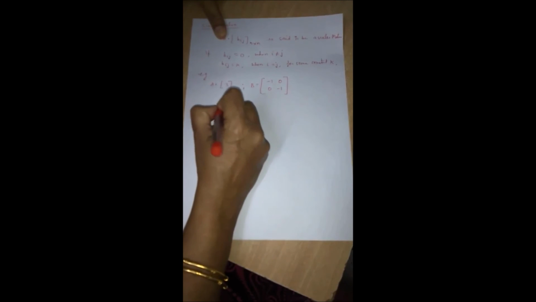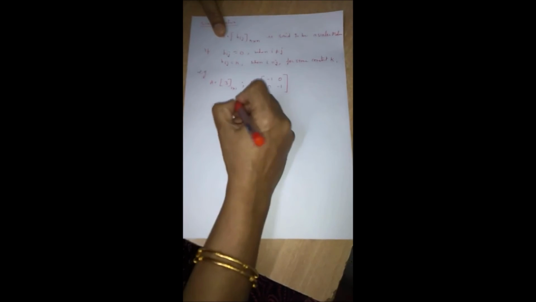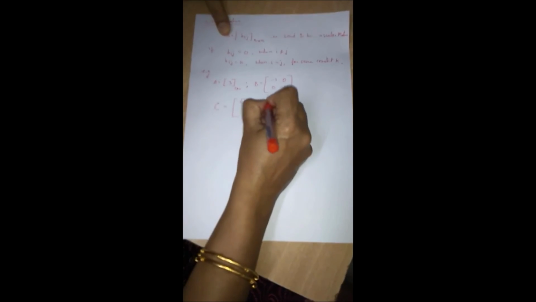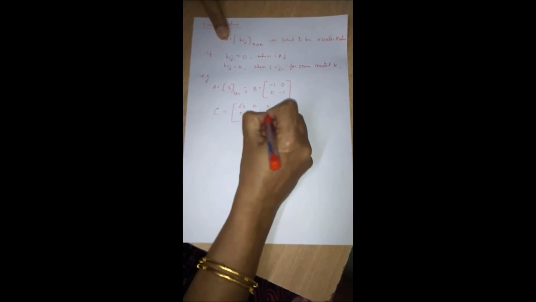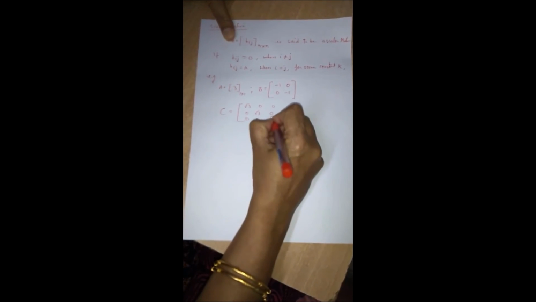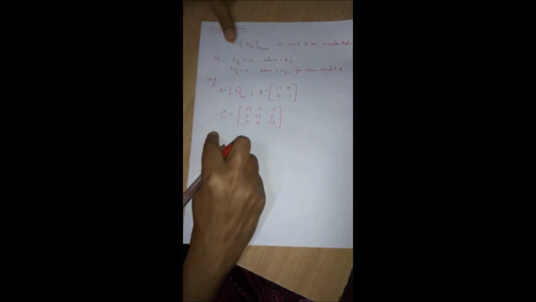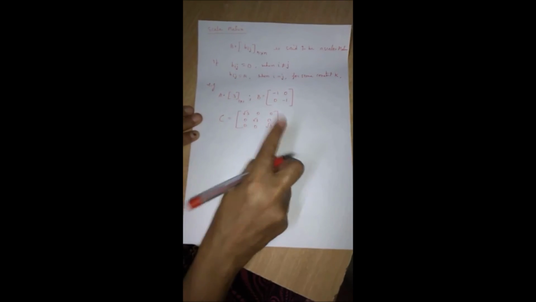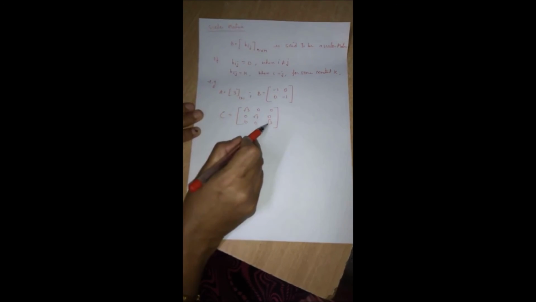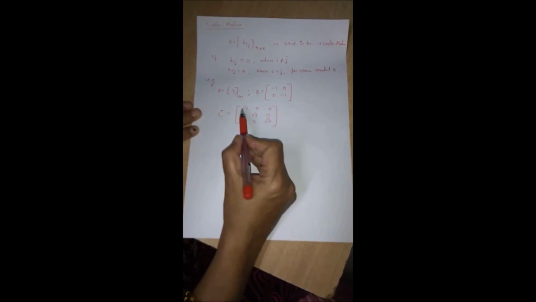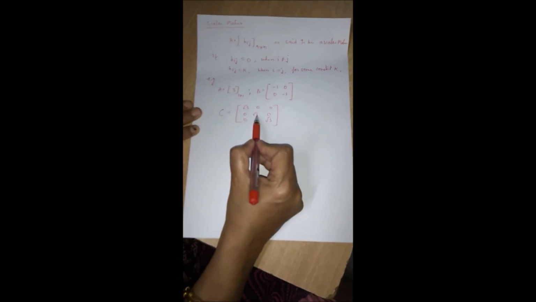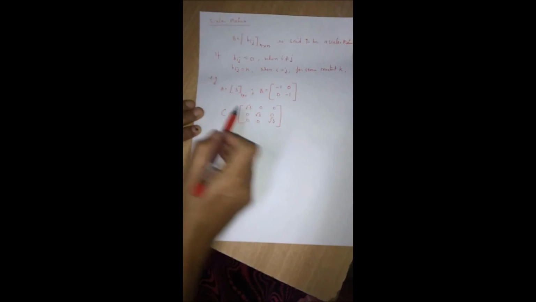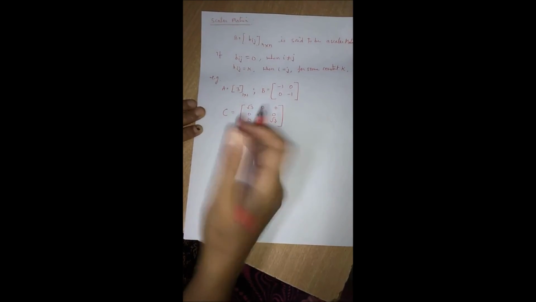One more example, C matrix having elements √3 0 0, 0 √3 0, 0 0 √3. So this type of matrix is a diagonal matrix in which all the elements at the positions A11, A22, A33 are the same.